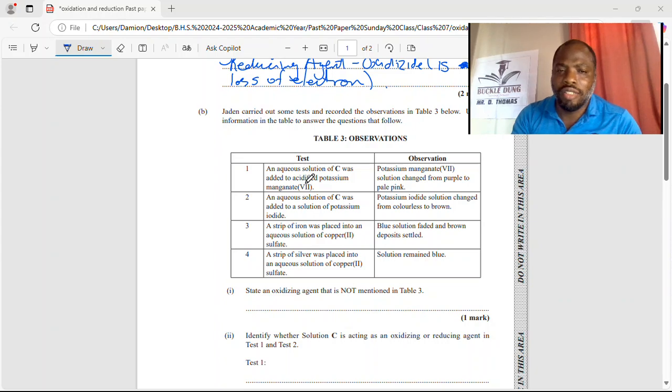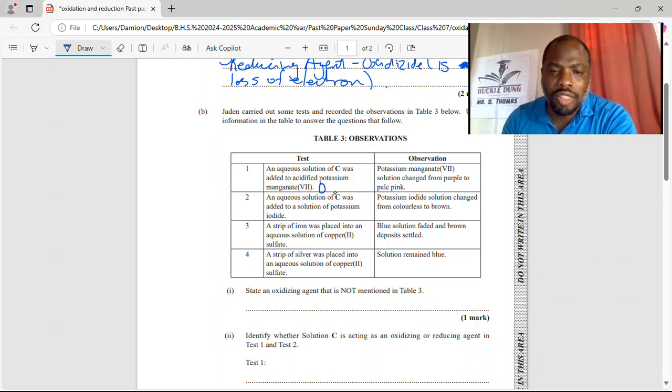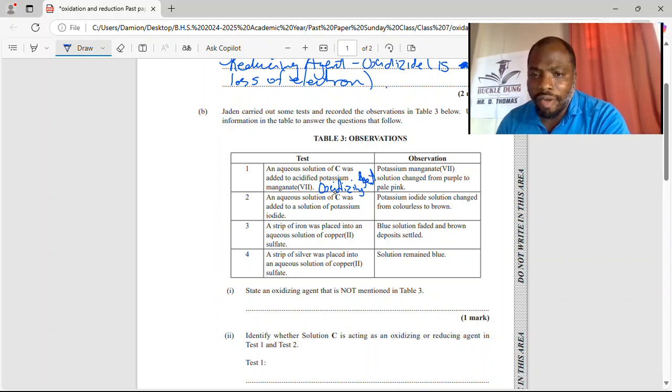So here in the test, an aqueous solution of C was added to acidified potassium manganate. Acidified potassium manganate is what? An oxidizing agent. See, we learned that. And so look at the observation.